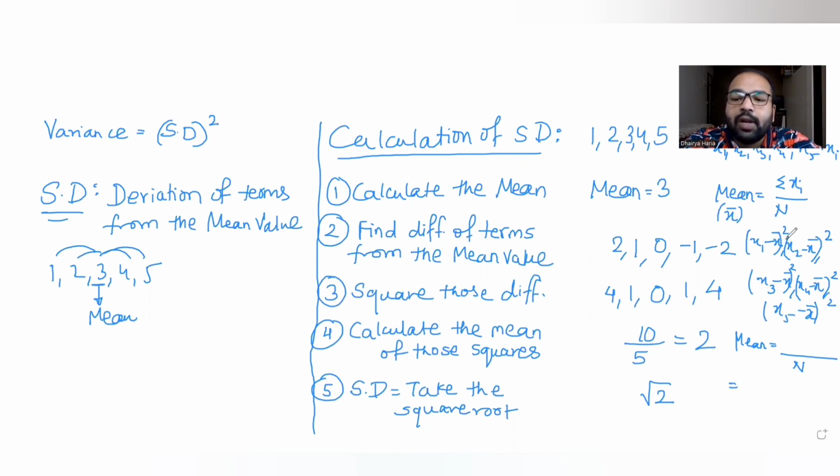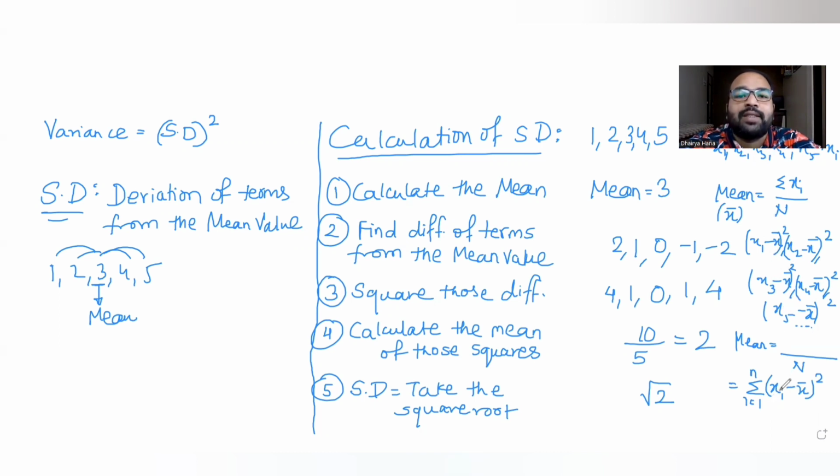So if I calculate the sum of all of these terms till n, I can also write this as summation i equals 1 to n, xi minus x bar the whole square, right? Because we are finding the sum of these squares. I am just writing xi instead of x1, x2, x3, x4, x5.